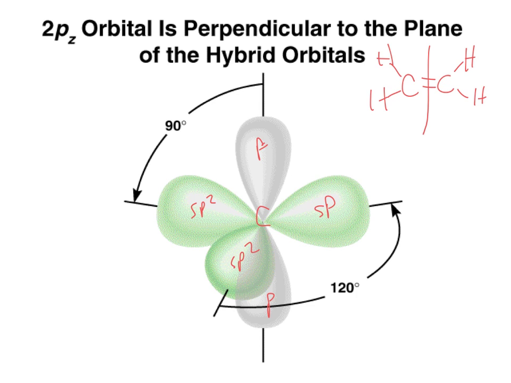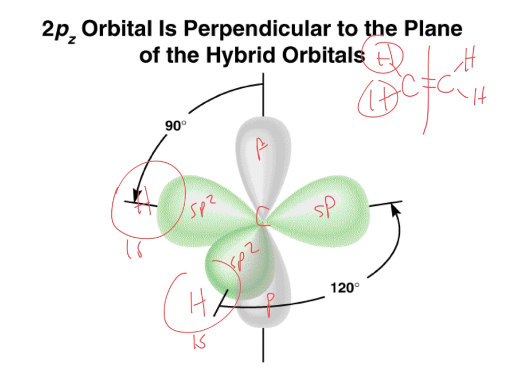When bonding is occurring, the hydrogen atoms that we see here have their 1s orbitals overlapping in a head-on way with those sp2 hybridized orbitals. They're actually touching each other and forming a bond. In that same way, this sp2 hybridized orbital is interacting with another sp2 hybridized orbital from the carbon on the right-hand side.